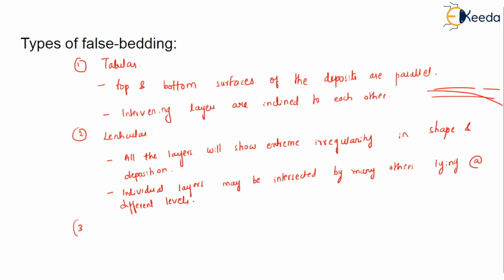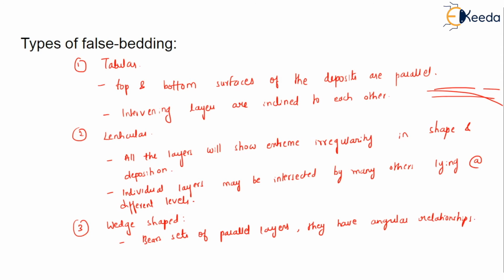Coming to the third type, that is wedge shaped. What do you mean by wedge shape? It bears sets of parallel layers and they have angular relationships. It generally appears like interwoven edges in vertical cross section. I repeat, it bears sets of parallel layers and they have angular relationships.